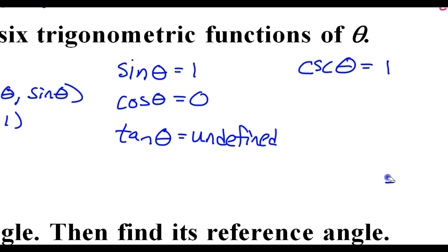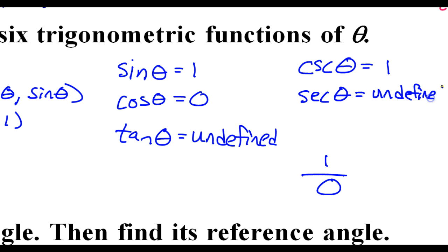How about the reciprocal of 0? First of all, the reciprocal of cosine is called secant. You can't do the reciprocal of 0. If you take 0 and put a 1 over it, that's undefined.